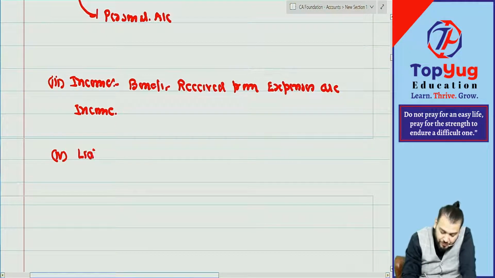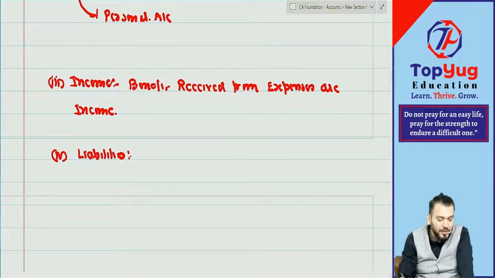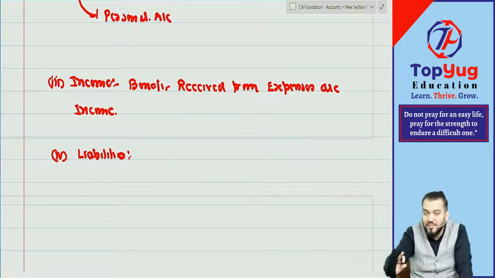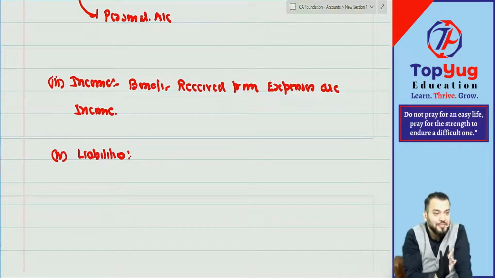Then coming to point number 4, liabilities. Liability is very simple: any amount payable to any person. Understood? Any amount payable to any person is a liability. Correct?